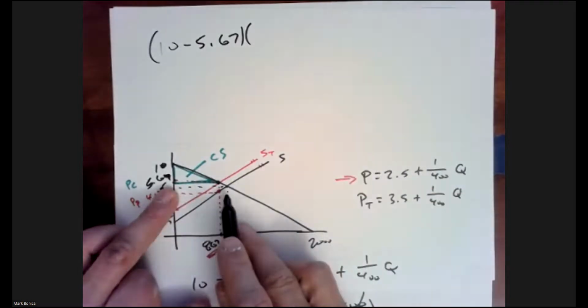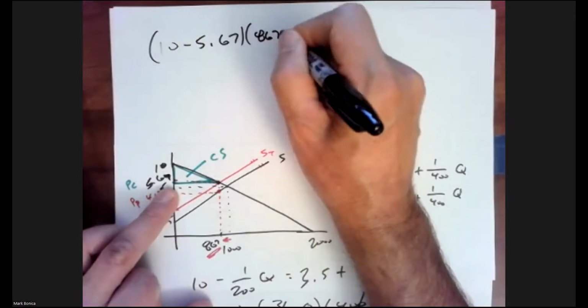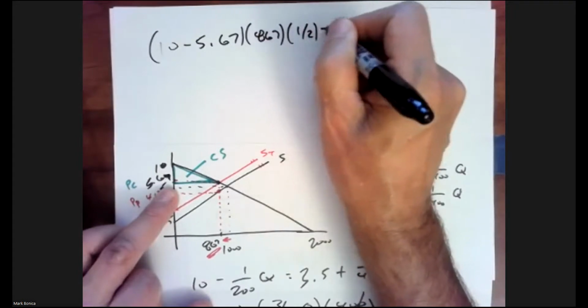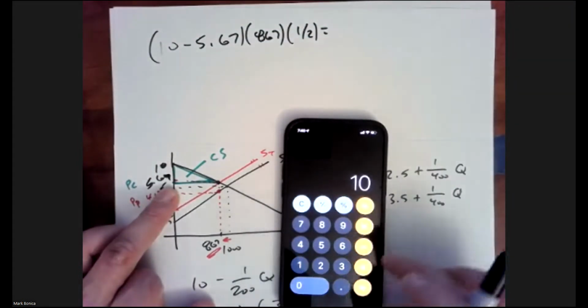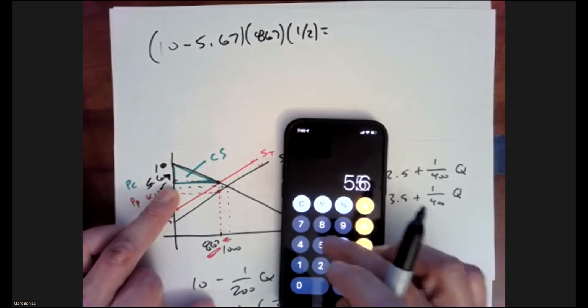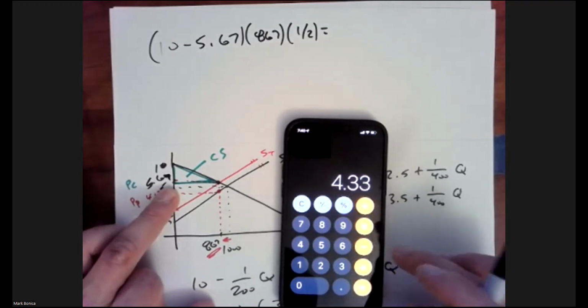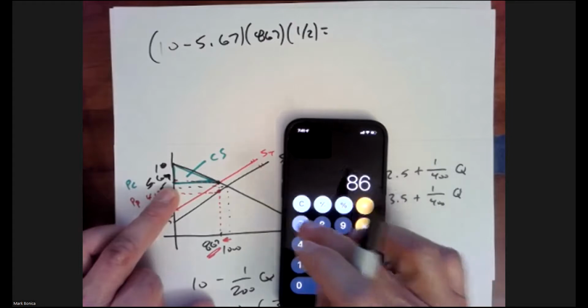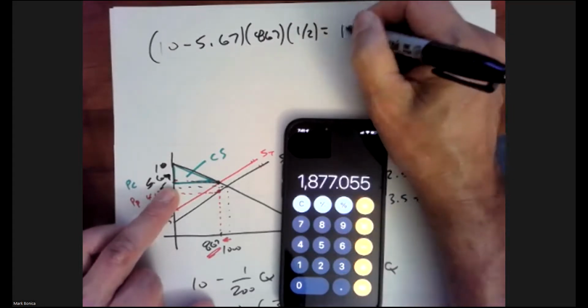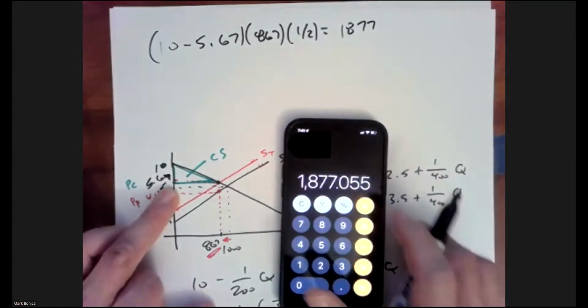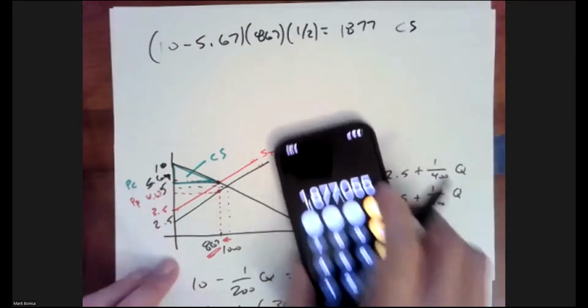And then it is 867 across times a half. So 10 minus 5.67 gives us 4.33, times 867 divided by 2 gives us 1,877. That's the consumer surplus.